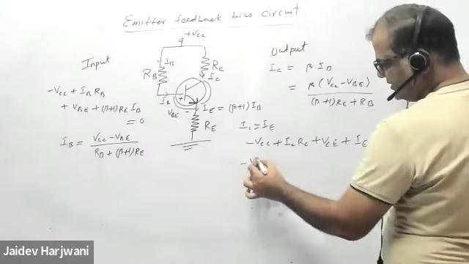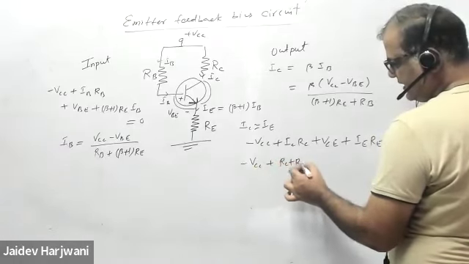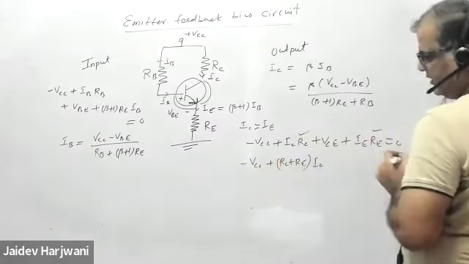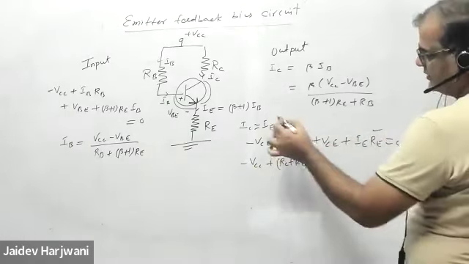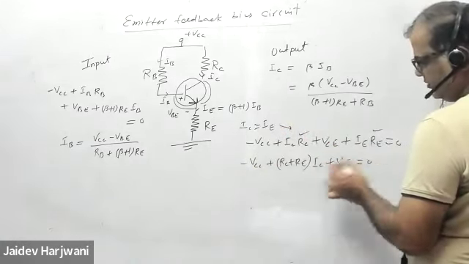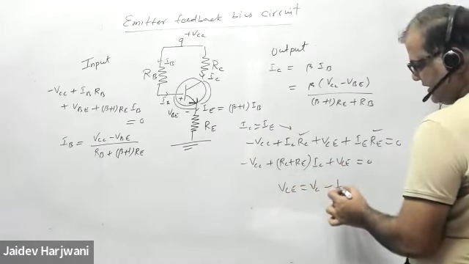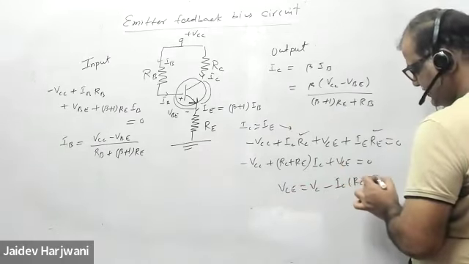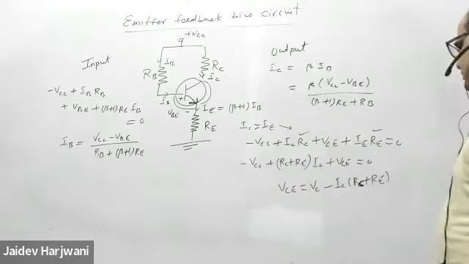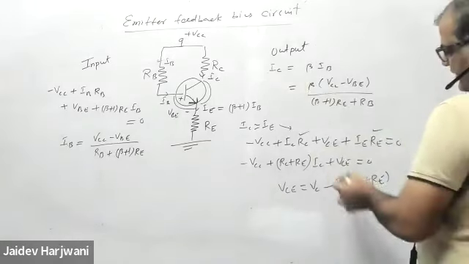So I can write minus VCC plus IC times RC plus RE, taking IC common, putting IC equal to IE, plus VCE equals to 0. So my VCE will become VCC minus IC times RC plus RE. Okay. So from here, if I know the IC value, I can calculate the VCE.